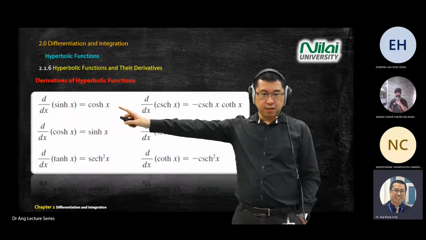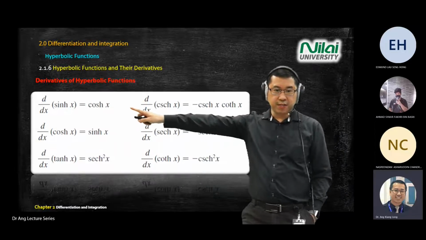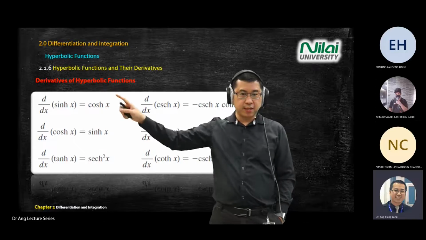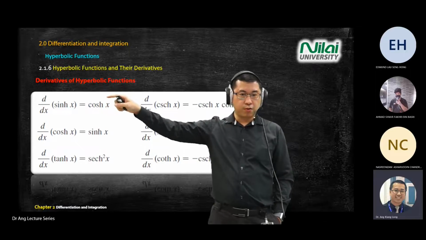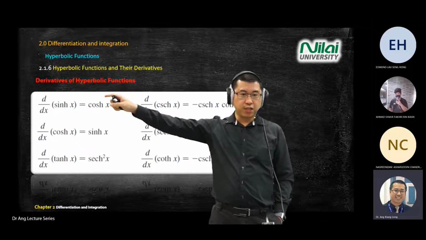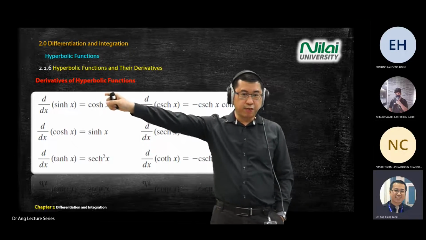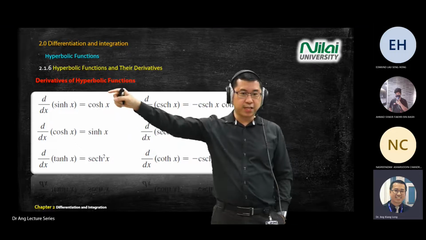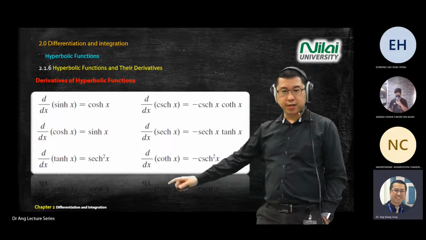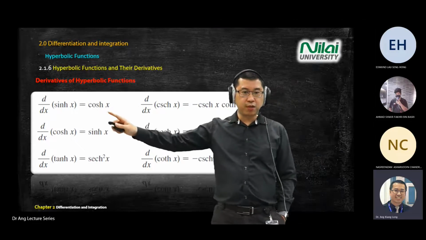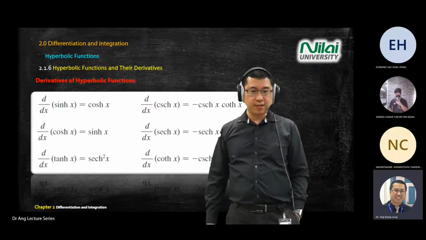If you need to do differentiation of sine hyperbolic, then you use this table to convert the answer first. For example, the question asks you to differentiate sine hyperbolic x.